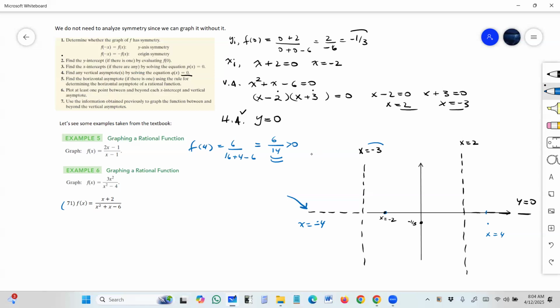Meaning what? Now, remember, this is an asymptote, which means that the graph is either here or here because the function cannot cross it. If I found out that it's already positive, that means the graph is not below the x-axis. It's here somewhere. And since this is a vertical asymptote, again, the graph on this region is going to look like this.